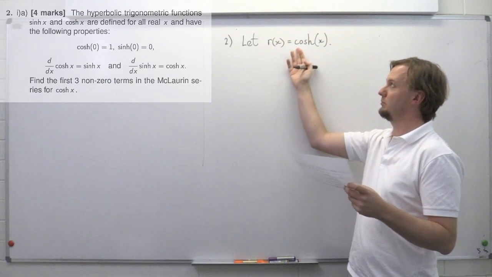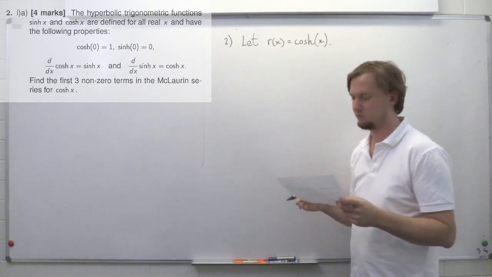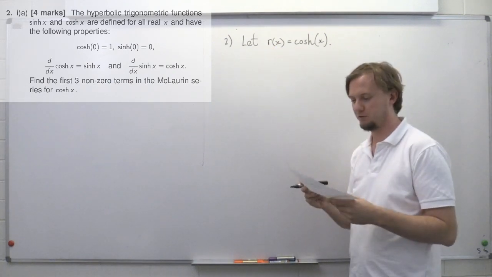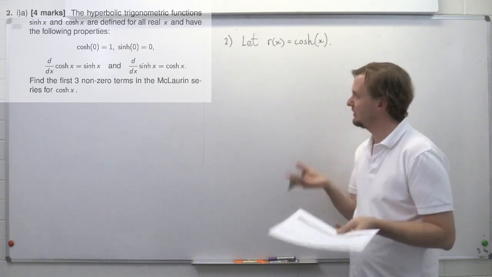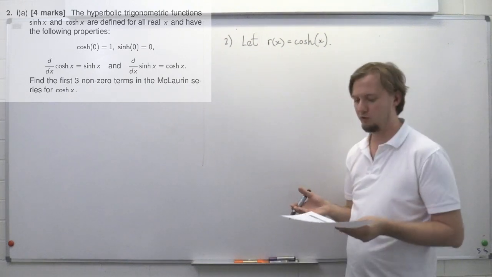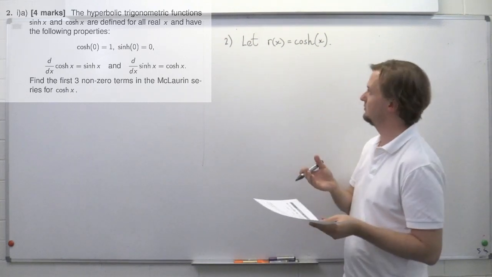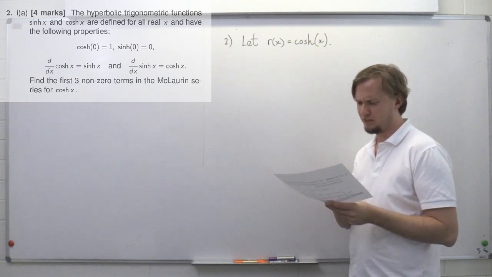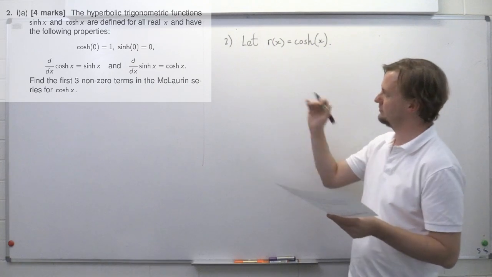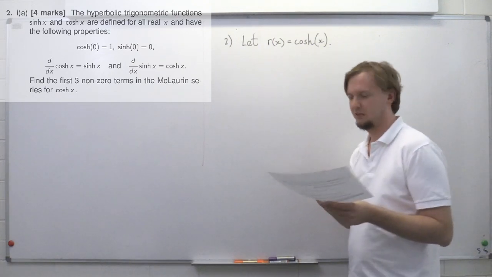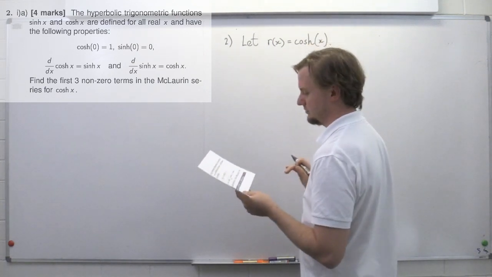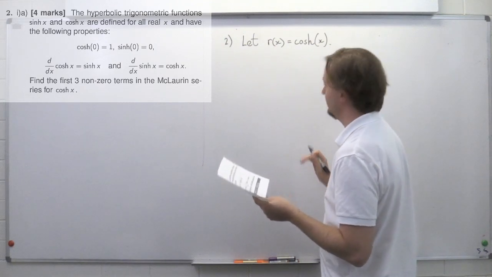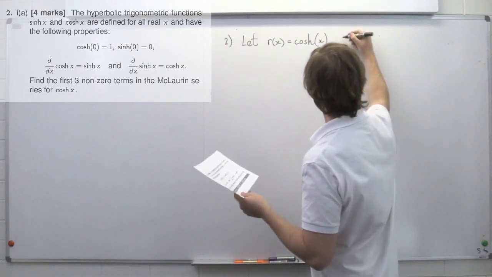One symbol for me is easier to write than 4 symbols if I have to keep referring to it. Now, to get the Maclaurin series, we need to know what the function is doing around 0, so I need to know its derivatives. And it says here I need 3 non-zero terms, so I need at least 3 non-zero derivatives.